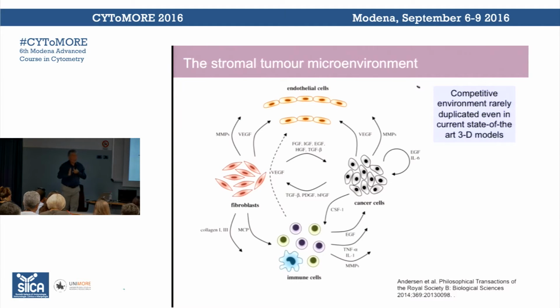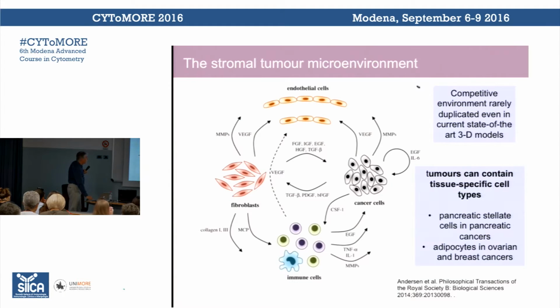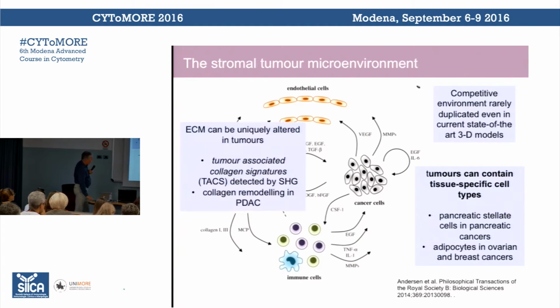And that is why I think that many models actually fail to deliver drugs in screens. The tumor populations may be very tissue specific. A good example of that is the stellate cells in pancreatic cancers that start to reorganize the collagen fibers, producing one of the most drug resistant and in fact deadly tumors available for analysis.